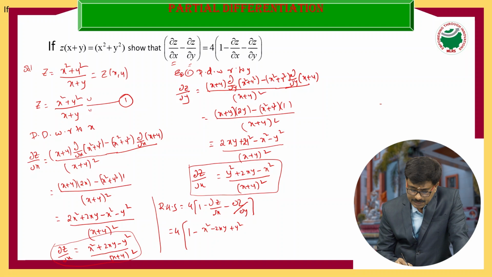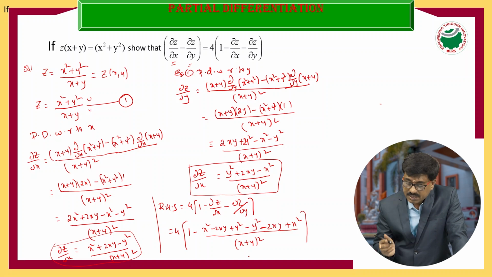Again, if I subtract this numerator value, this becomes minus 2xy minus y square minus 2xy plus x square, whole divided by (x plus y) whole square. What are the terms removed now?